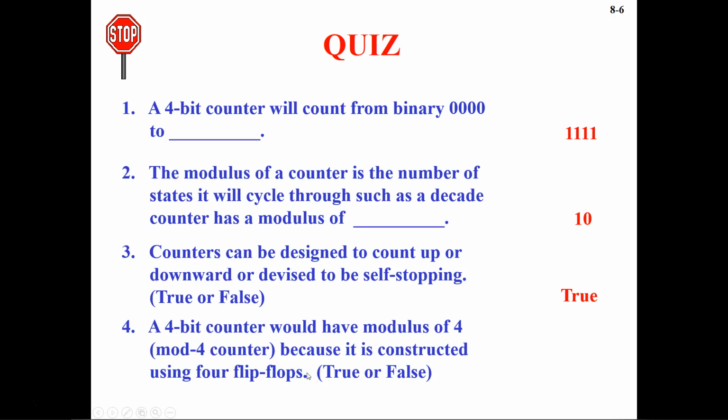True or false? It is not necessarily true that a mod 4 counter uses 4 flip-flops. That is not the reason, and we haven't learned about this in the previous slide, so the answer is false.